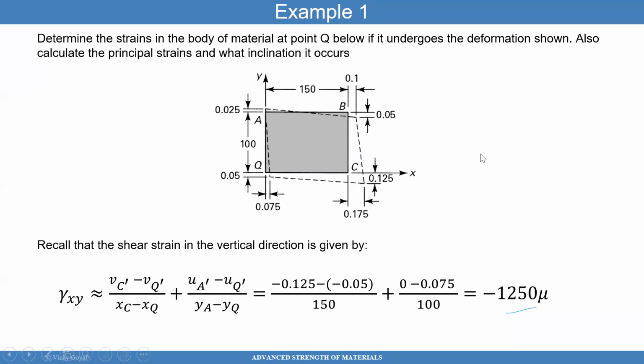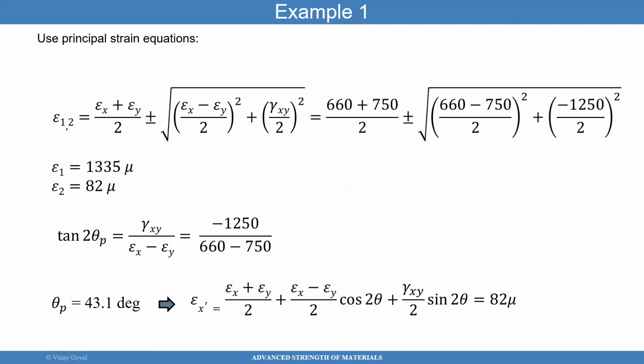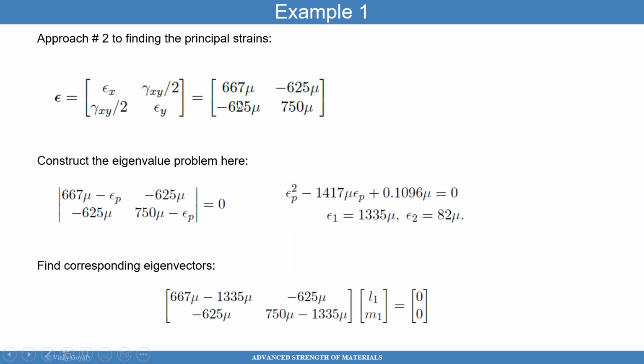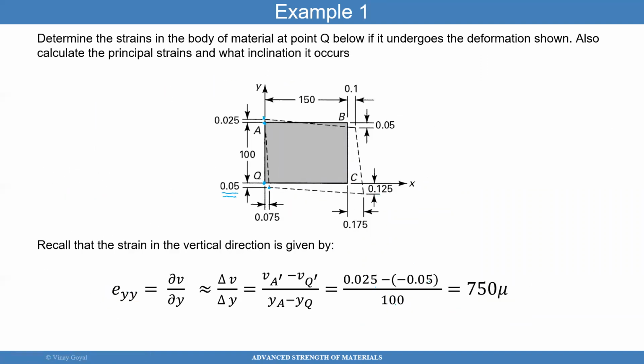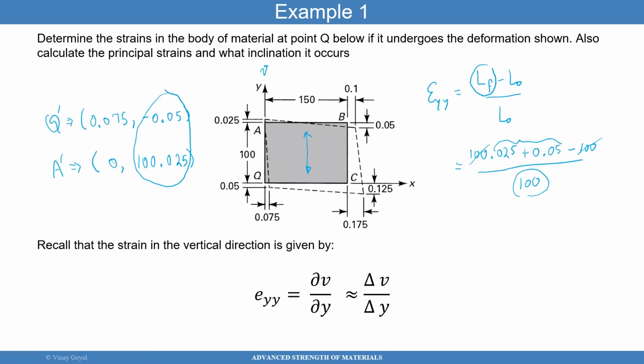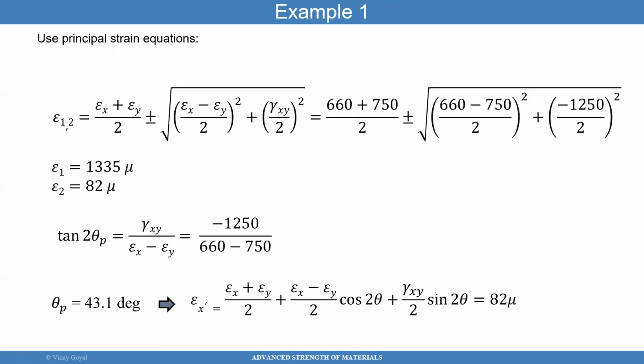So, continuing on, principal strains. I have the formula for principal strains. Epsilon XX was found earlier. If you recall, we got over here 667. I guess I rounded it to 660. Epsilon YY was found at 750.